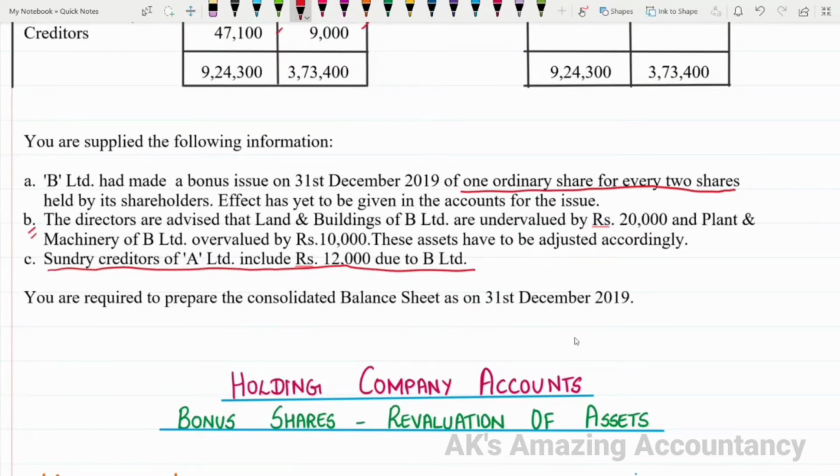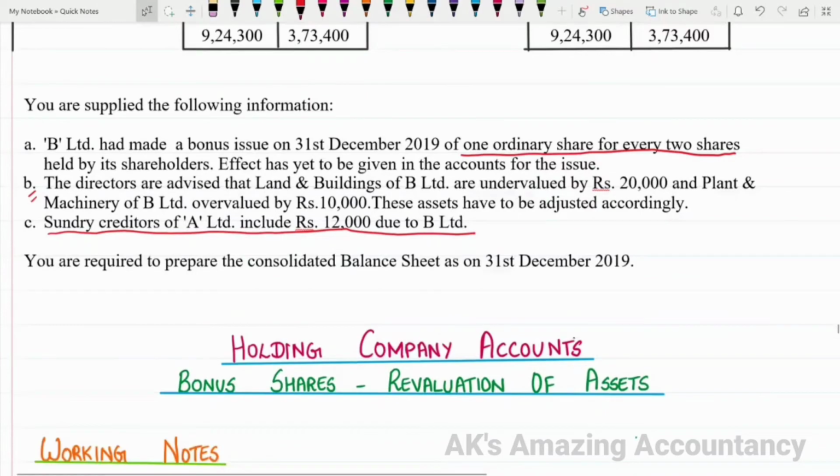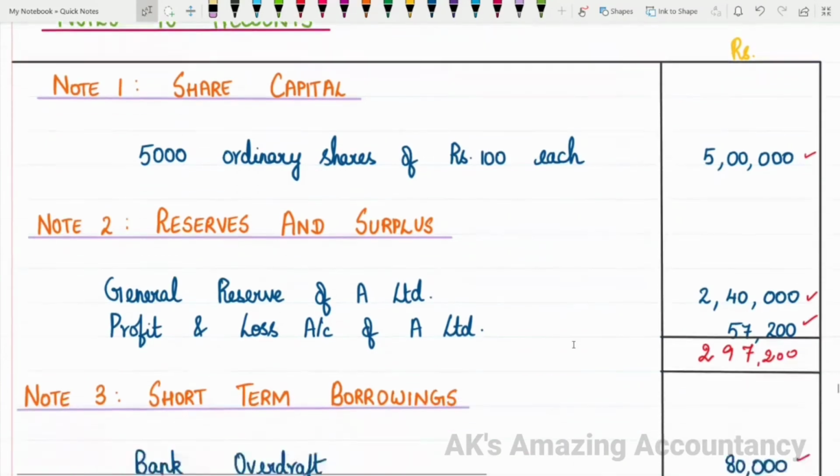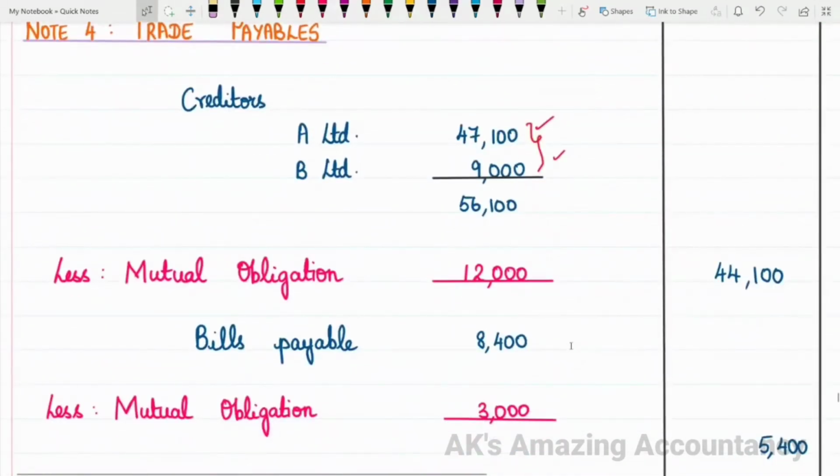This 12,000 rupees we'll be deducting once from sundry creditors on the liabilities side, and once from sundry debtors when we treat the assets. So creditors less mutual obligation 12,000: 56,100 minus 12,000 will give us 44,100.